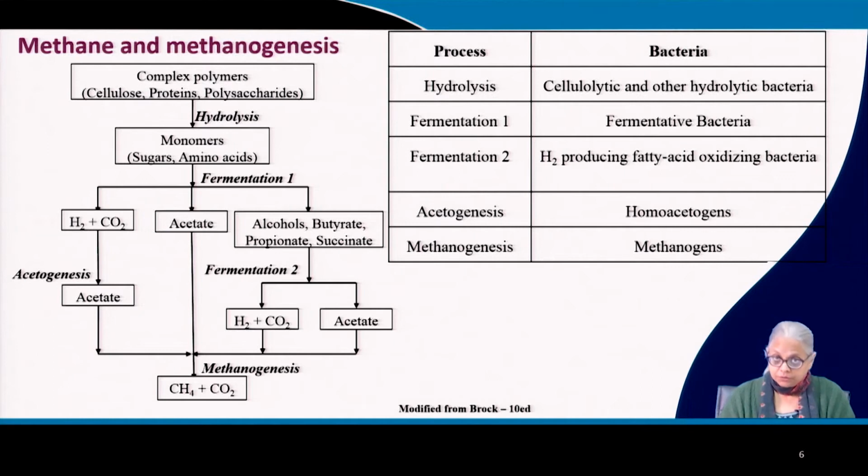They can also generate acetate. Acetate is a C2 compound. CH3COOH is your acetic acid, and acetate is its salt. And then we have higher carbon containing compounds. We have propionate, which is C3, butyrate, which is C4, succinate, which is C6, alcohols, which may be any number from methanol to higher amounts of carbon.